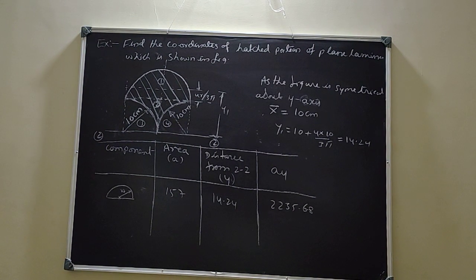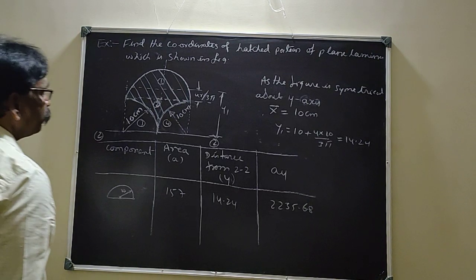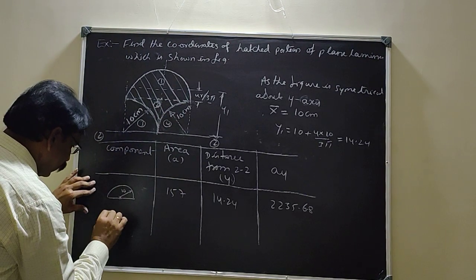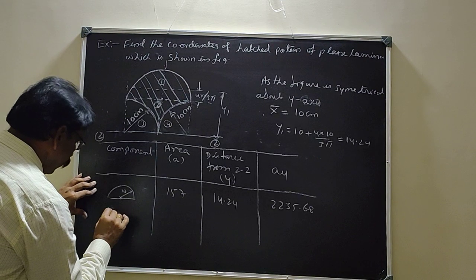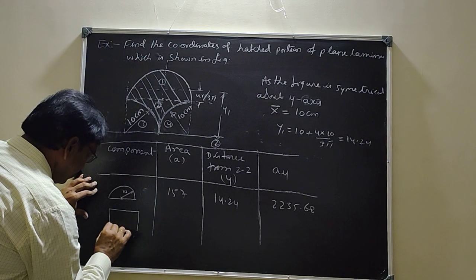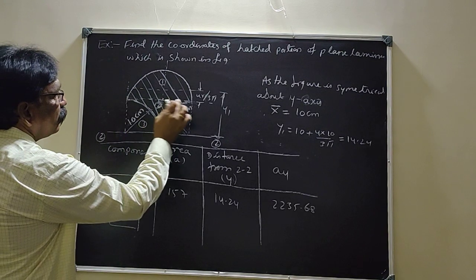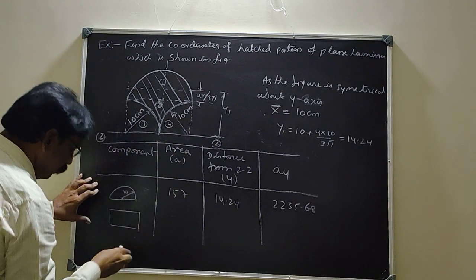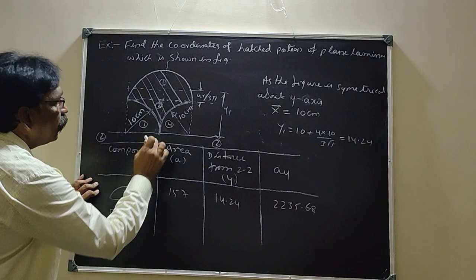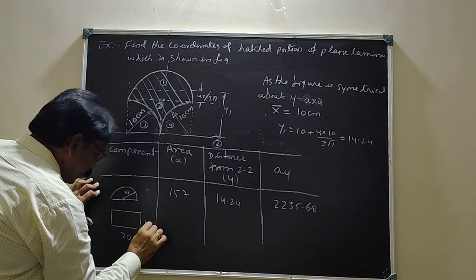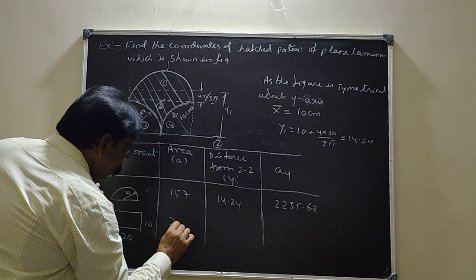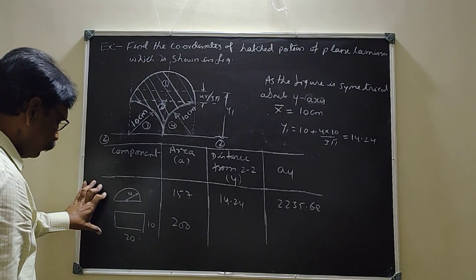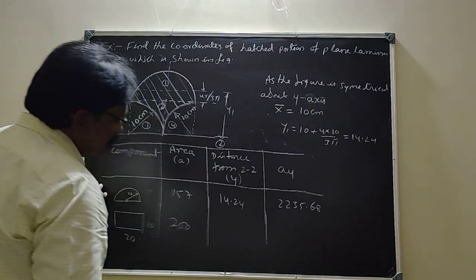So then coming to the rectangle 2, that means the second component is your rectangle. Now this rectangle's width is equal to the radius of this one plus the radius of this one, which is 20 centimeter, and the height is 10 centimeter. So the area will be equal to 200 centimeter square.